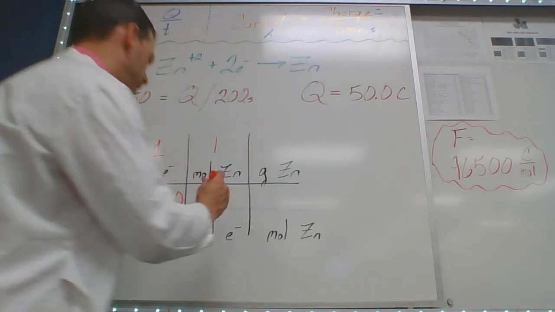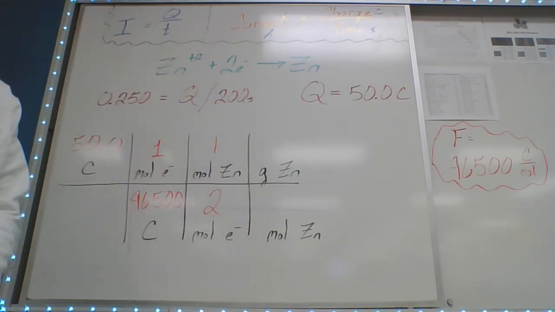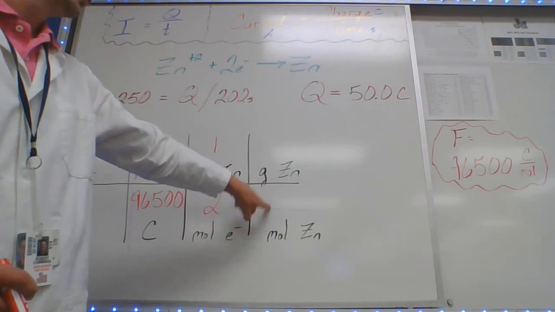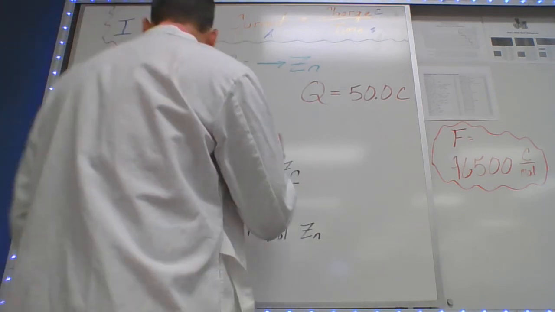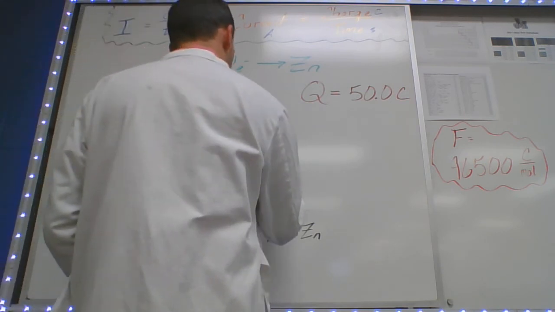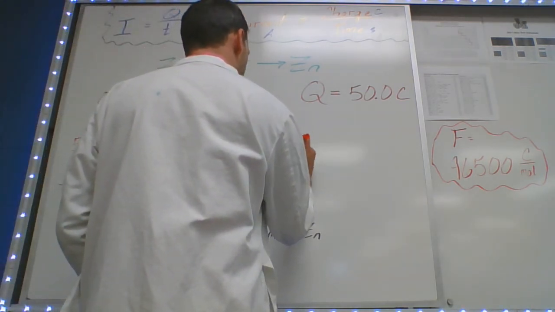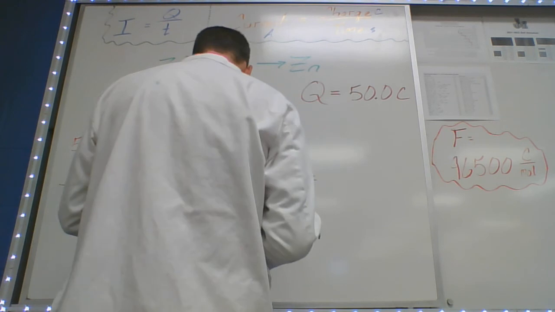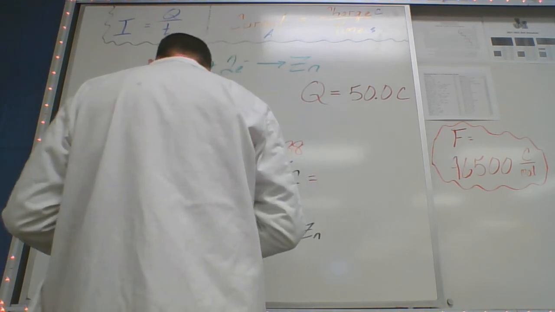For electrons, it's 2. Grams over moles will be periodic table over 1. You will have a periodic table, but I'll let you know that this is 65.38. And this grid is going to give you a final answer.